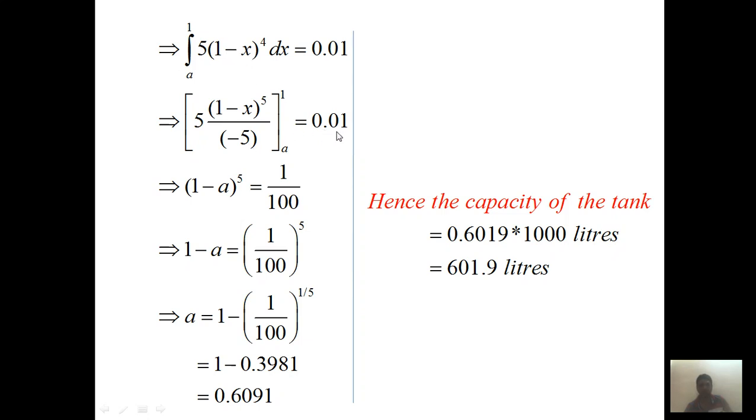Substituting the upper limit, 1 minus 1 is 0, so it cancels out. For the lower limit, (1 minus A) raised to 5, the 5s cancel out, and the signs cancel out. This can be represented as the fraction 1 by 100. So simplification leads to the value of A as 0.6019.